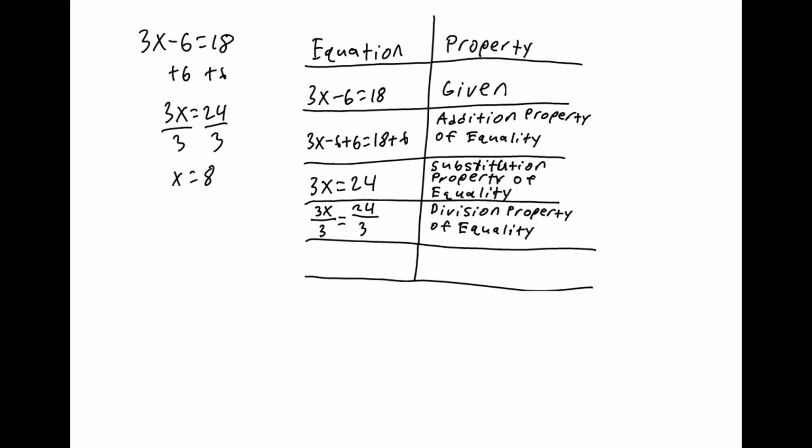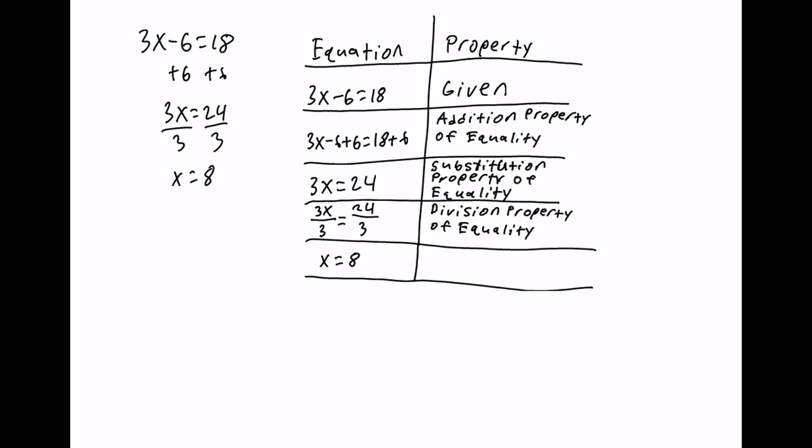And one more step. 3x divided by 3, the 3's cancel. That'll leave x. And 24 divided by 3 is 8. So x equals 8.